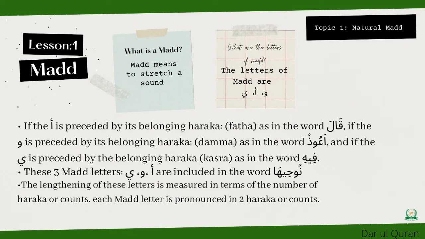Now let's see the next point on this topic. These 3 mad letters, alif, waw and ya, are included in the word nuhiha. In this word nuhiha, we have all the three mad letters in one word. So for the nu, we have noon, waw, and the dhamma.